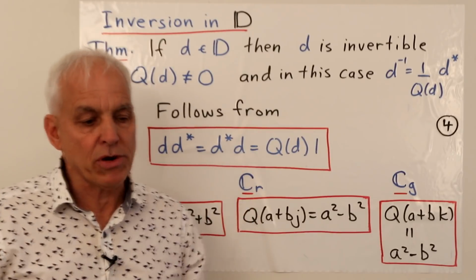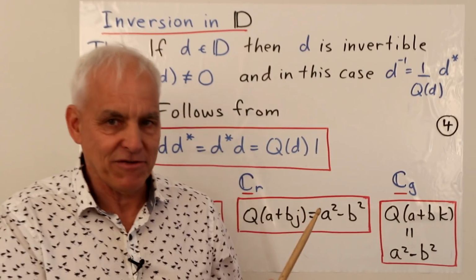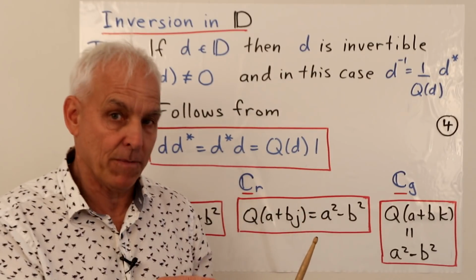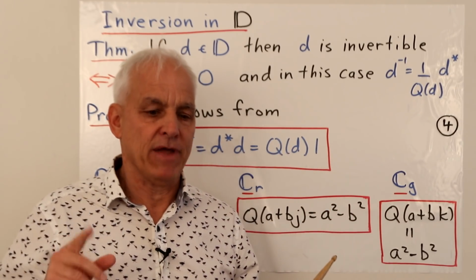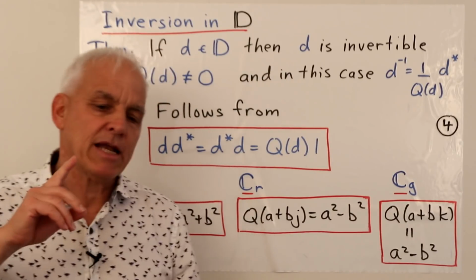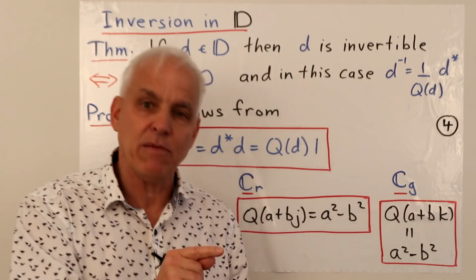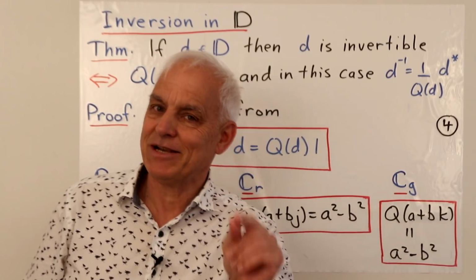So you're used to, in ordinary complex numbers, the idea that you can almost always divide, but you have to make sure that the denominator is not 0. Now we're seeing that the bigger, more general way of thinking about that is that you can divide as long as the thing that you're dividing by does not have quadrants 0.